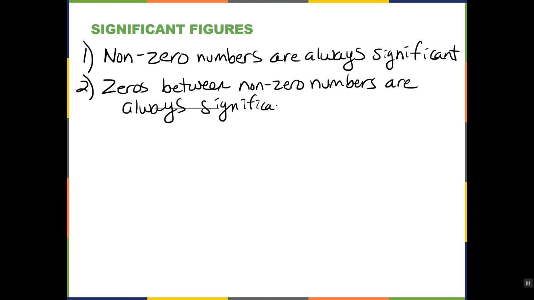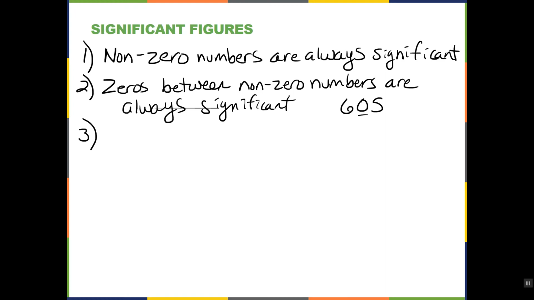Let's say you have a number like 605, right? That zero is between two non-zeros, so that makes that zero significant because, as the book showed you, it's captive. It's held between two significant values. So that makes it significant.